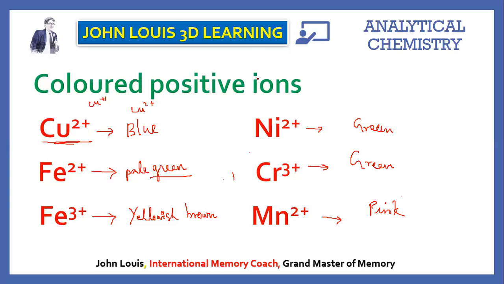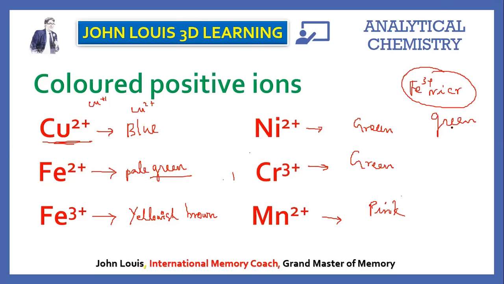So copper 2 is blue, iron 2 is pale green, iron 3 is yellowish brown, nickel is green, chromium is also green, and manganese is pink. You can always remember: iron 2, nickel, and then chromium, these 3 are green in color.